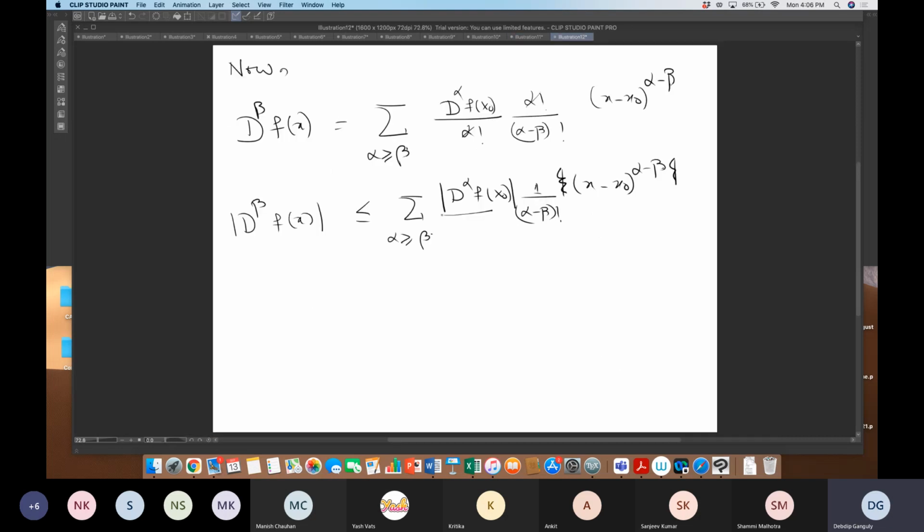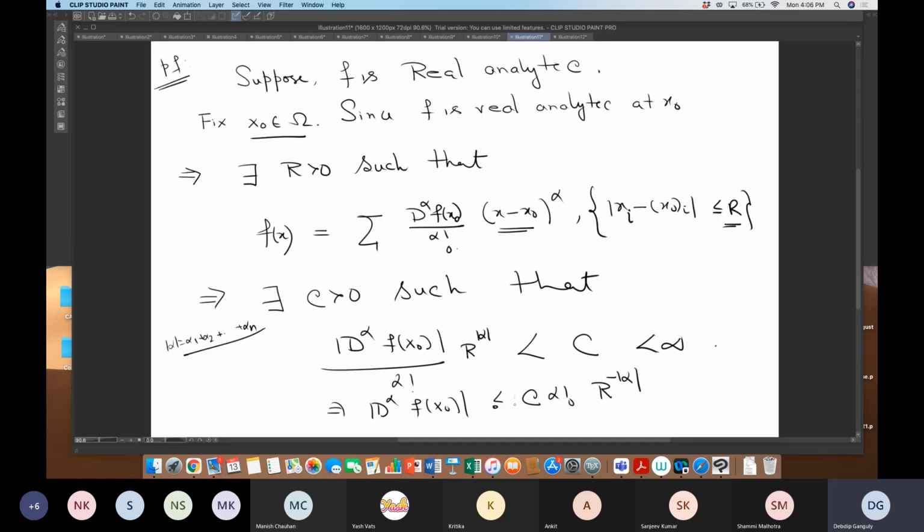Substituting this for alpha, this is equal to C, a constant. This constant will obviously depend on x naught, because for x naught I have found this. Yes, because d alpha f(x naught) R to the power alpha is less than C at x naught. If I change to a different point x1, then we have a constant which depends on x1.